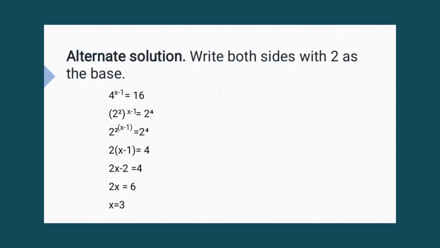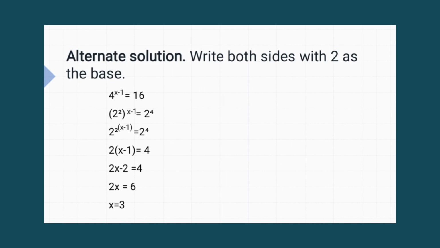Since our base is already equal, we first multiply 2 by x minus 1. So this will be 2x minus 2 times 1, that is 2, equal to 4.